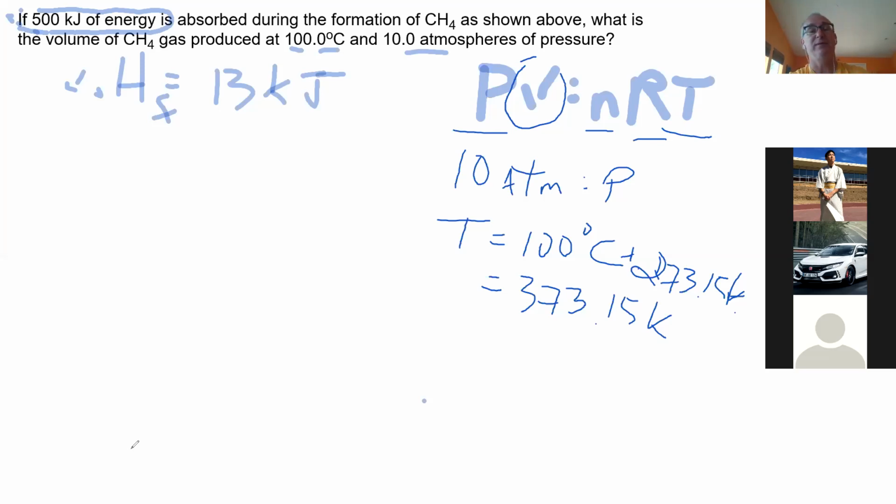So remember, we needed to use the answer from the last problem in this one. So the answer we got from the last problem is this. How are we going to use that information to calculate the number of moles of gas? Don't we just refer back to the balanced equation?